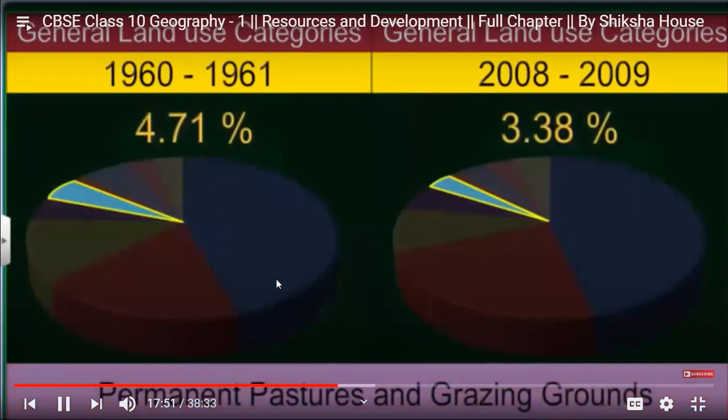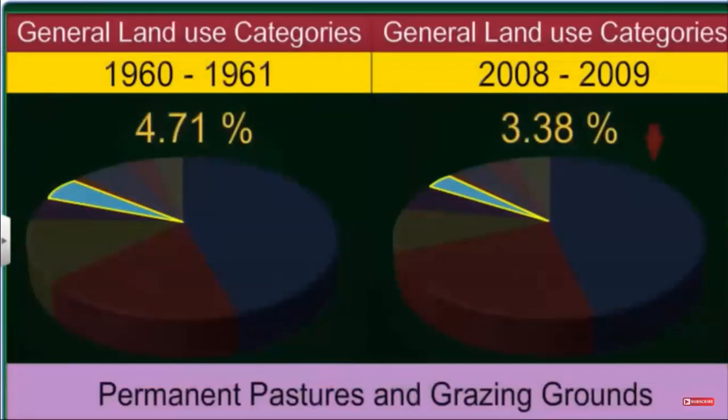Permanent pastures and grazing grounds decreased during the period. This is not a good sign for thousands of people engaged in cattle rearing.